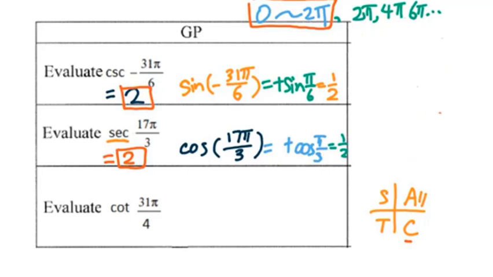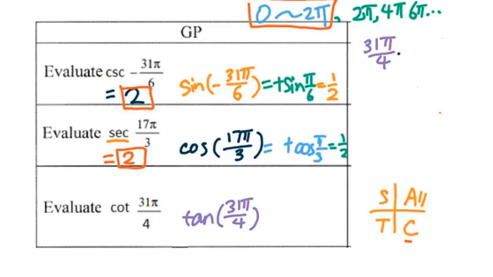Cotangent 31 pi over 4. So the related major trig function will be tangent 31 pi over 4. For 31 pi over 4, 31 divided by 4, you will get 7 something.